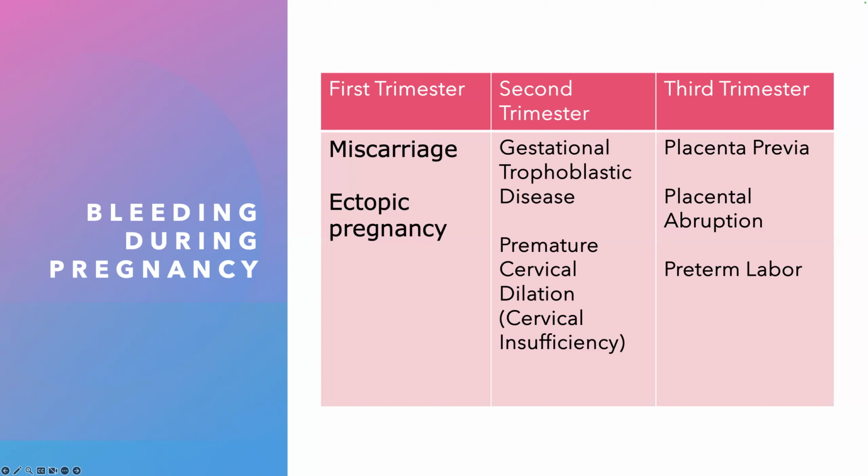Ectopic pregnancy is only going to happen in the first trimester because we will have diagnosed it then. Second trimester and third trimester can sometimes have some things overlap as well. Preterm labor could potentially happen in the late second trimester. Placental abruption or placenta previa could happen in the late second trimester as well. So it's not cut and dry, but this is when they're most commonly happening.